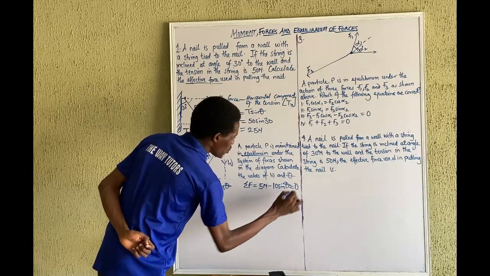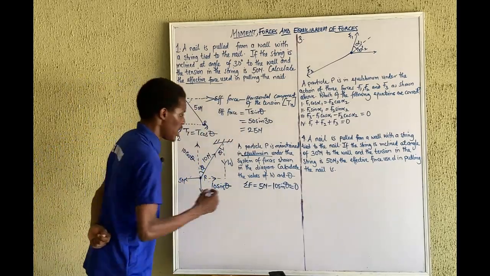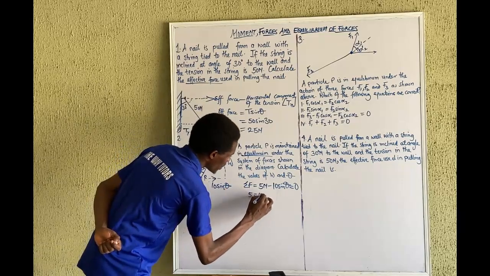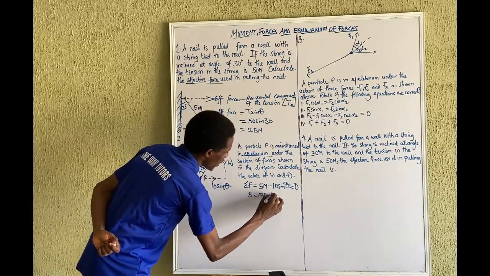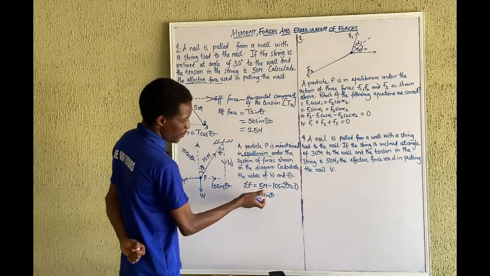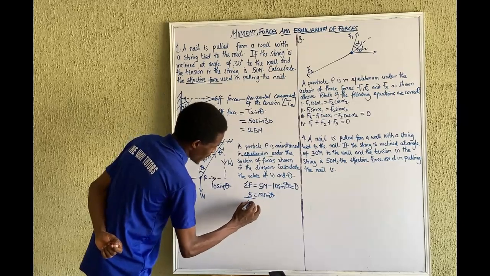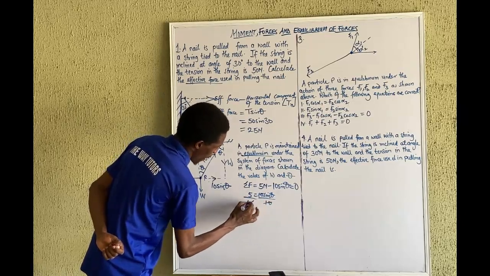To say it is at equilibrium means that summation F equals 0. That means that 5 equals 10 sine theta. Yes, because by the time you bring the negative to this side, it becomes positive. Is that okay? Good. So divide by 10.